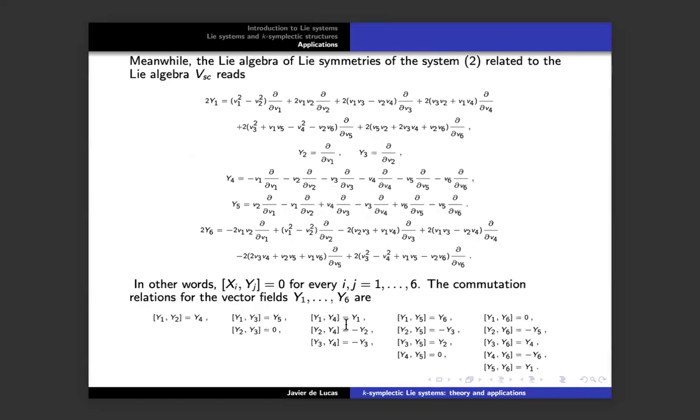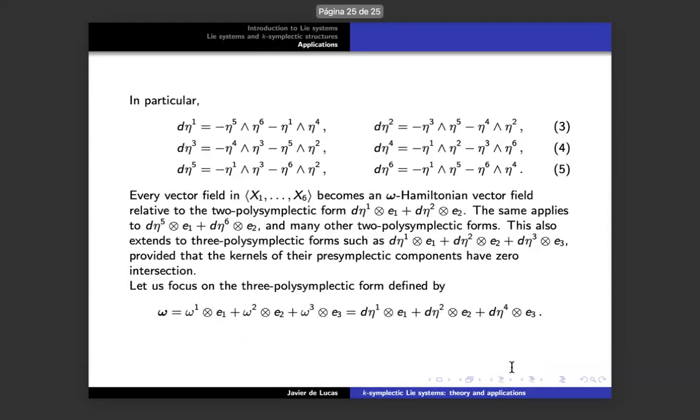If you keep on looking for y1 on the right-hand side, you finish here and you obtain y5, y6. So you pick up eta 5, eta 6, with the number that appears in y1 on the right-hand side, and you add a minus. So the differential of eta 1 is equal to this.